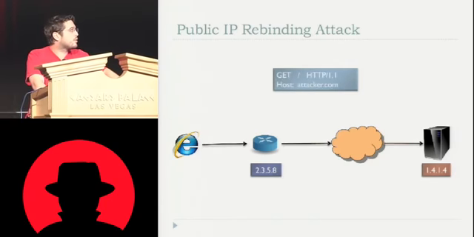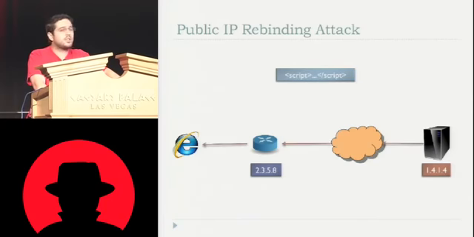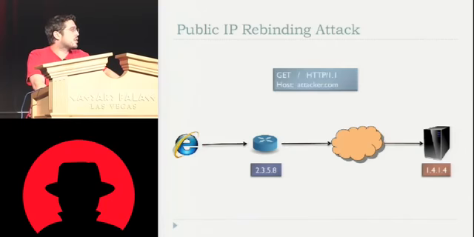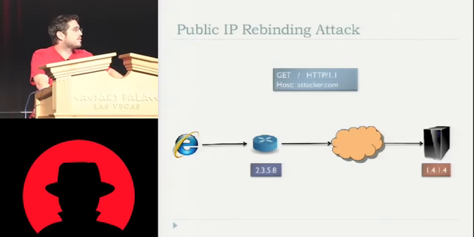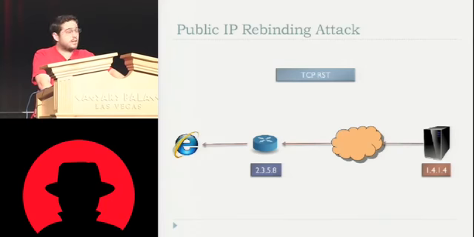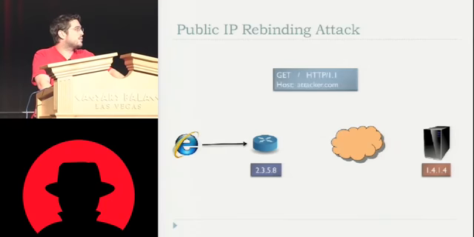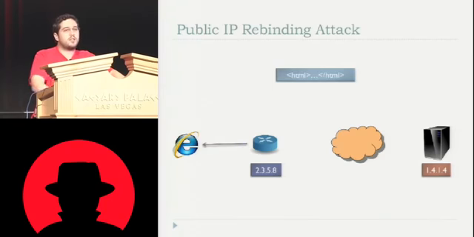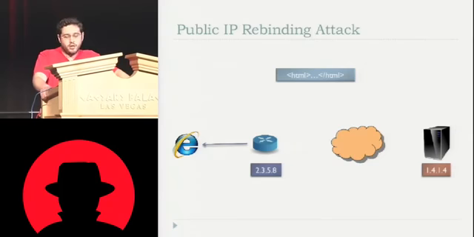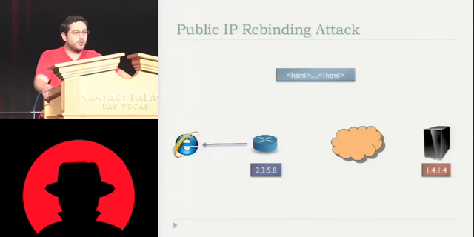Goes out to 1414, gets the attacker's JavaScript. JavaScript initiates connection back to attacker.com, so the browser goes back to 1414 because that's what worked before. But this time, he gets a TCP reset packet back, and so now he immediately switches over to 2358, and now the attacker's JavaScript has full interactive access to the router's internal web interface.